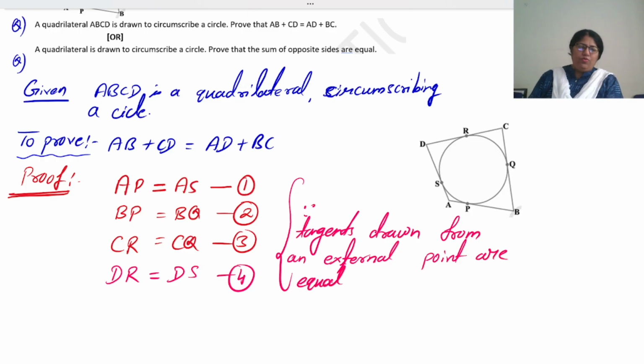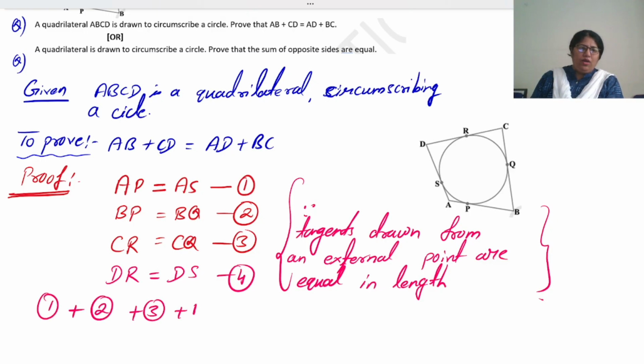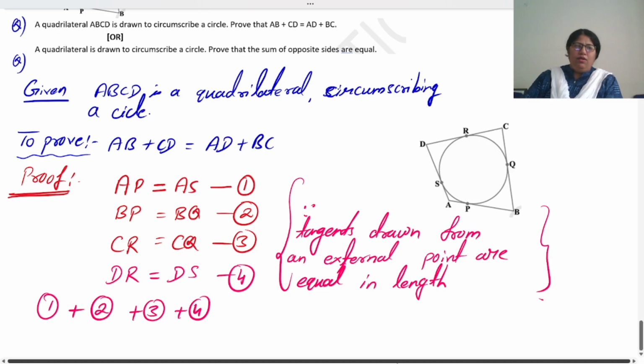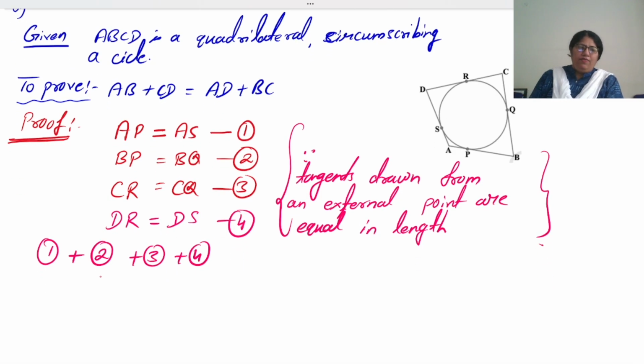For all these four equations I am using this theorem, which is the second theorem of your circle chapter, right? After that, to get the full length, I am going to add these four equations. Whenever we add equations, the left hand side will be added to the left hand side. All the left hand side values you are going to add: AP plus BP plus CR plus DR equals AS plus DS plus BQ plus CQ.